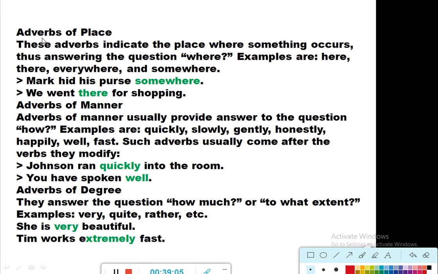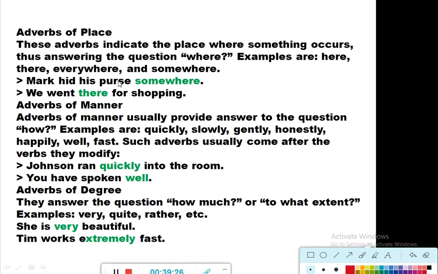Then the next type of adverb is adverb of place. These adverbs indicate the place where something occurs, thus answering the question where. Examples are here, there, everywhere, and somewhere. For example, Mark hid his purse somewhere.